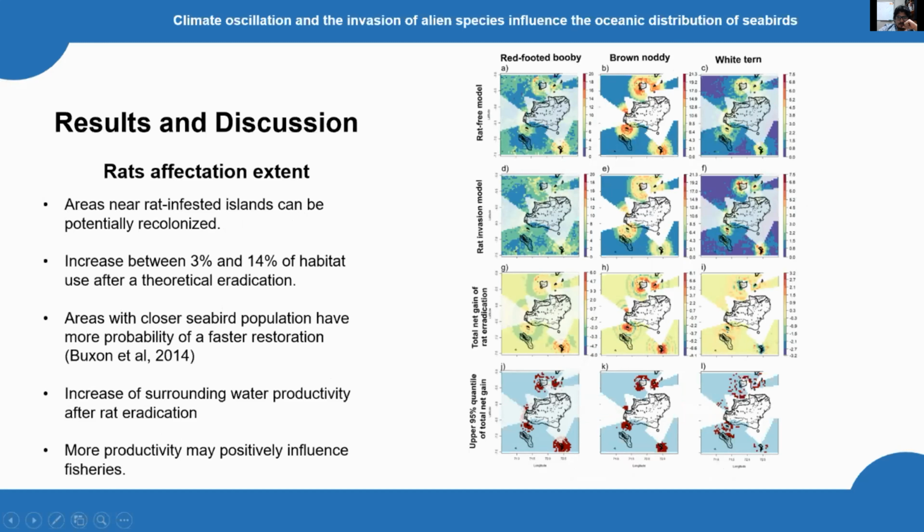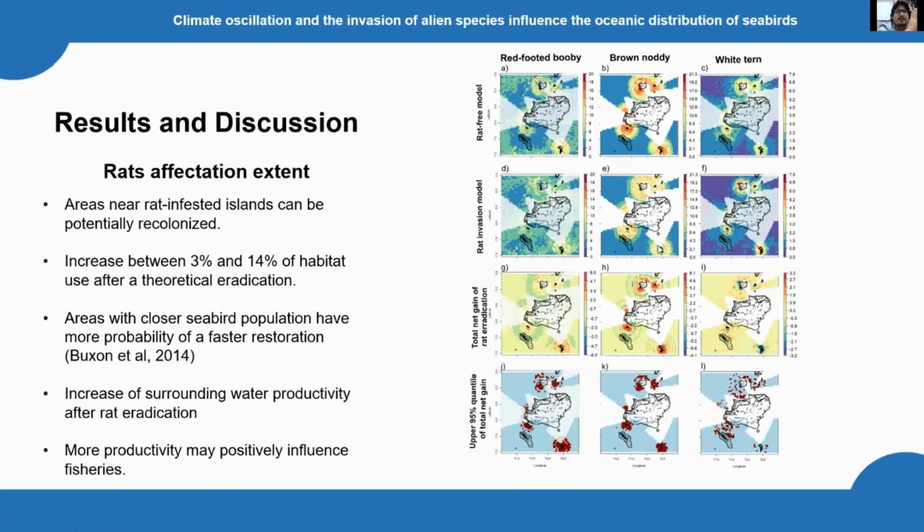Then in the third row, we have the subtraction of the two models to find out where there would be a higher probability of increasing birds. And in the third one, it's just the 95% quantile, so the areas that are more interesting. We found that areas that are rat infested can potentially be recolonized, which is interesting.